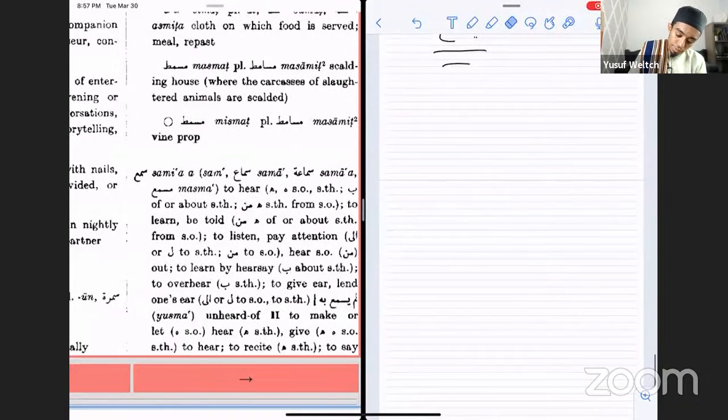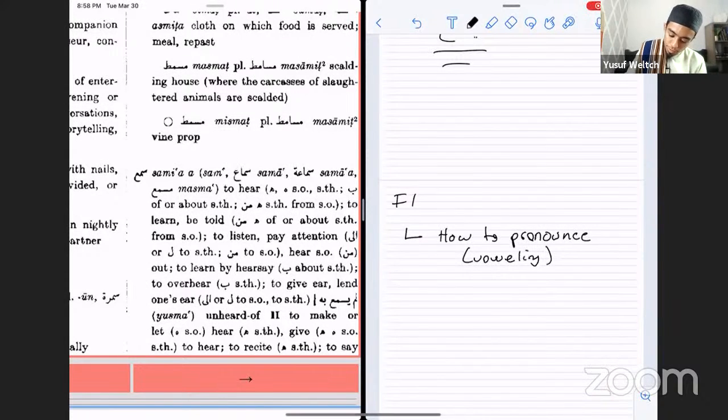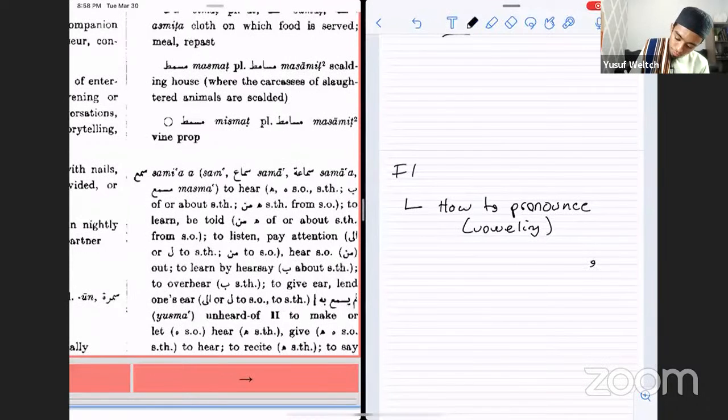If we break it down, form 1 differs from all the other forms in how to pronounce it, meaning the voweling of the past and the present.